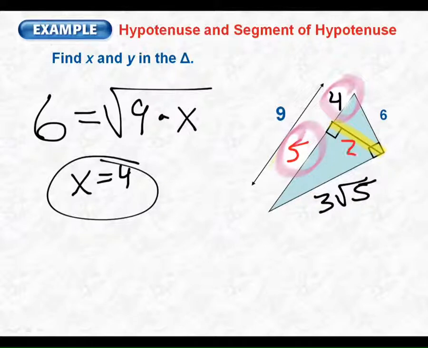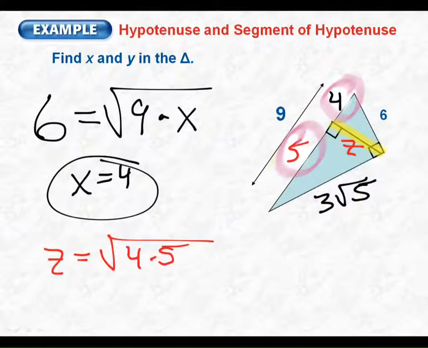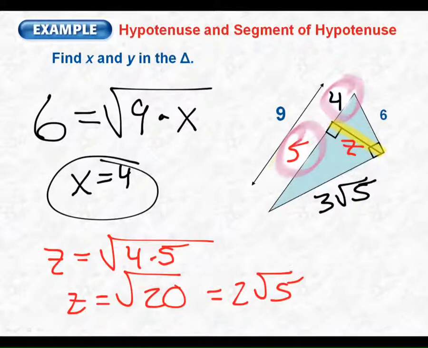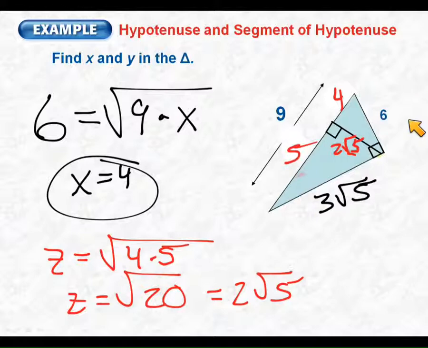So I would say if I call this z, z is equal to the geometric mean of 4 and 5, which is square root of 20, which simplifies to 2 square root of 5, I think. So that means this piece would be 2 square root of 5. Again, this was 4, and this was 5. So I found all the pieces of that triangle just knowing that piece and that piece to start with. And that's what you'll be doing on the assignment. Does that make sense?